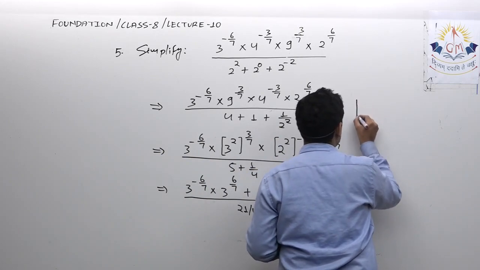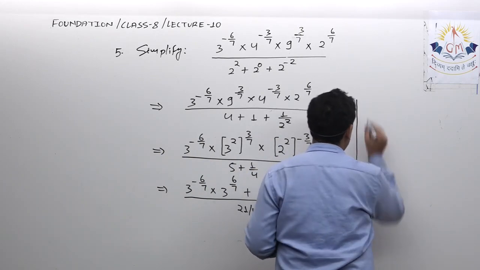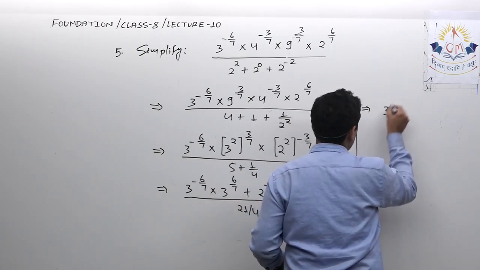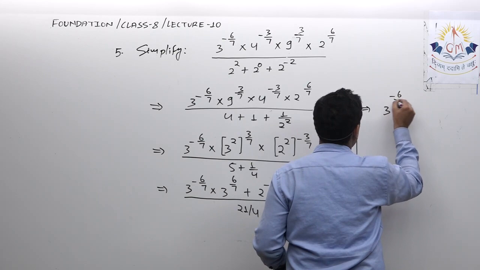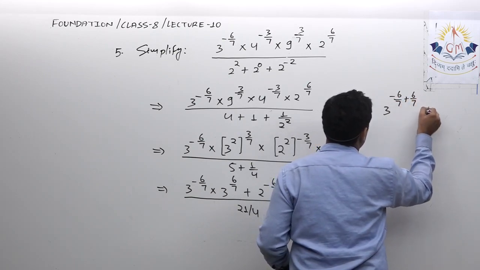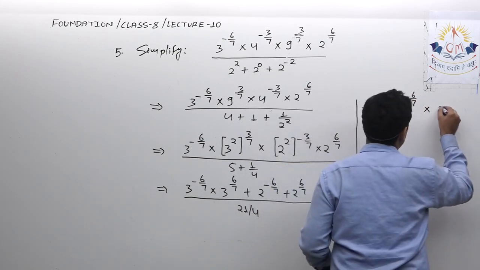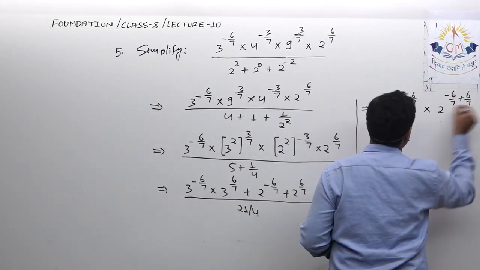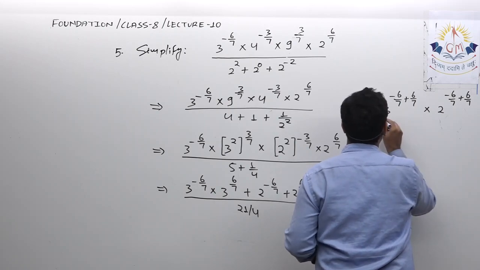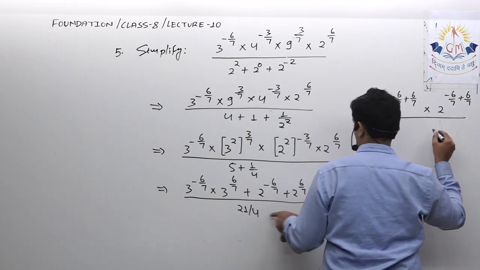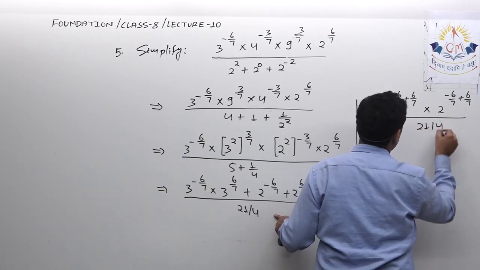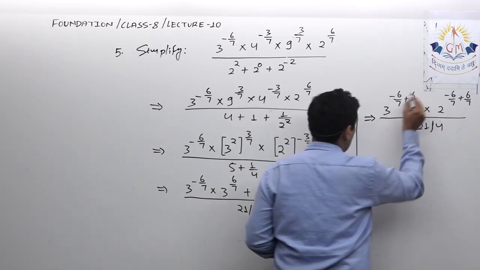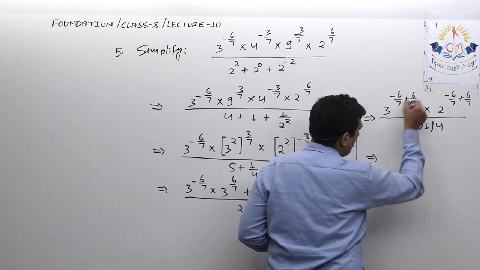Now on simplifying it further, the bases are the same, so it should be 3 raised to minus 6 by 7 plus 6 by 7 into 2 raised to minus 6 by 7 plus 6 by 7, divided by 21 by 4. I am still writing it as 21 by 4. Now minus 6 by 7 plus 6 by 7 is 0.